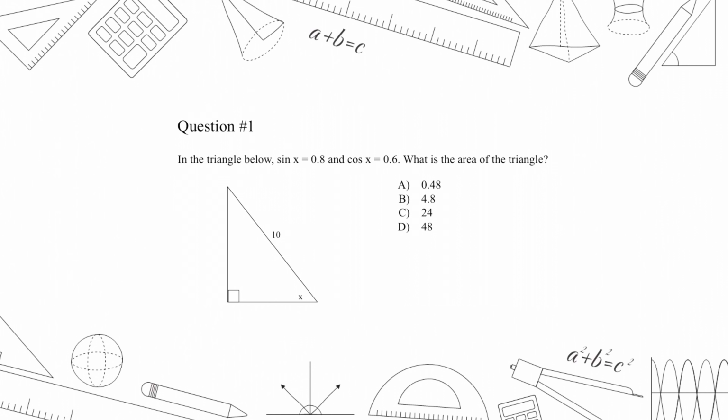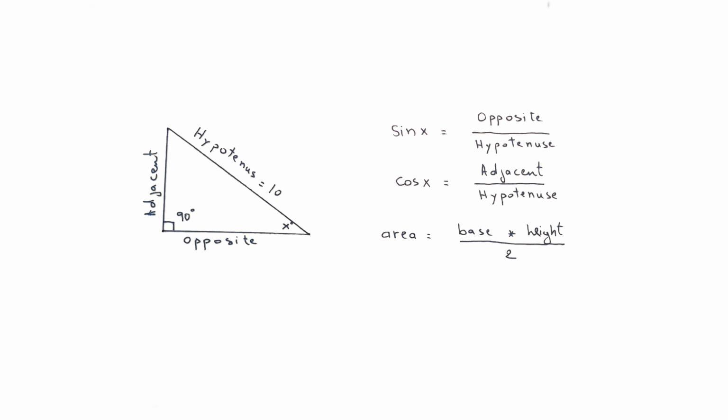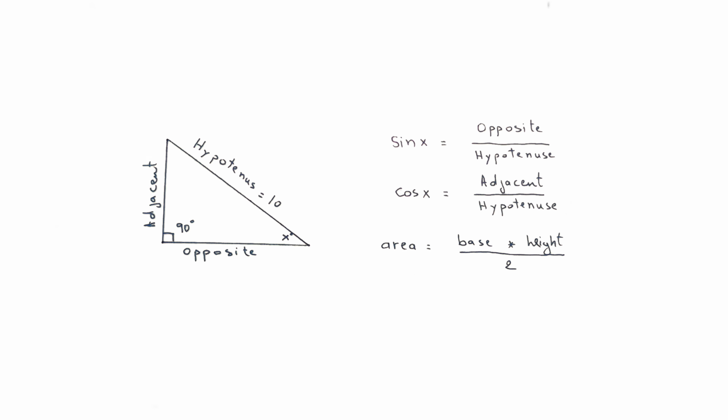So to solve this problem, we need to know the sine, the cosine, and the area formula of the triangle. As I believe you all know, the sine is the opposite divided by the hypotenuse.